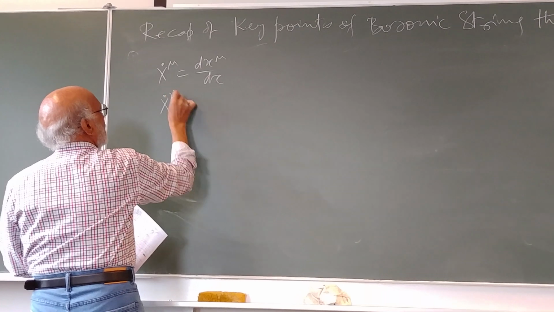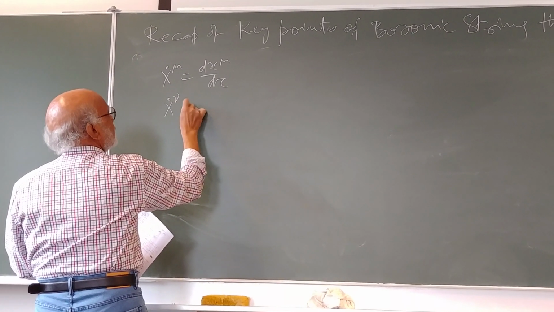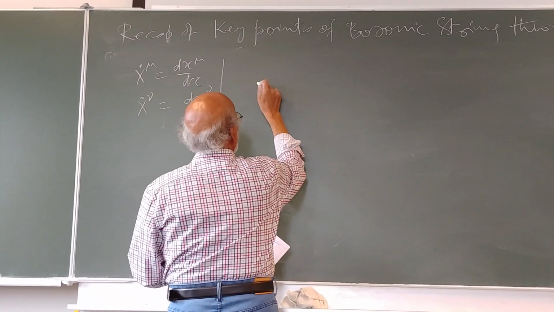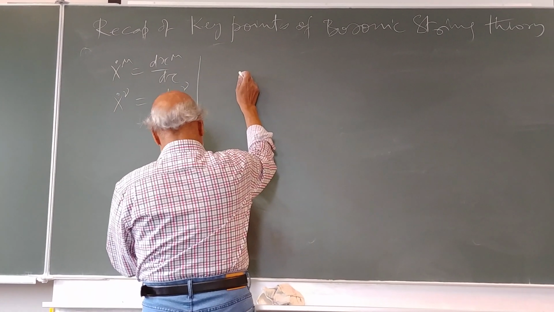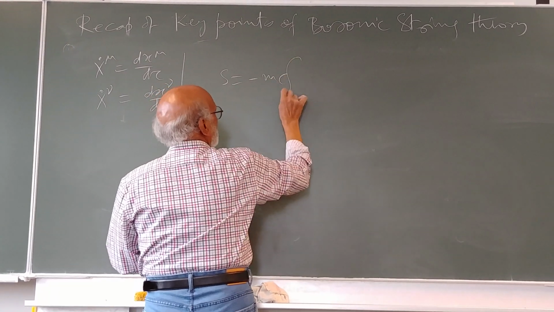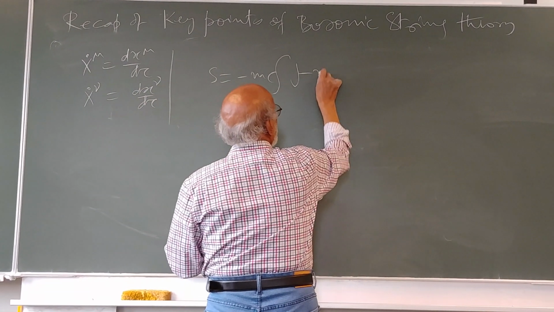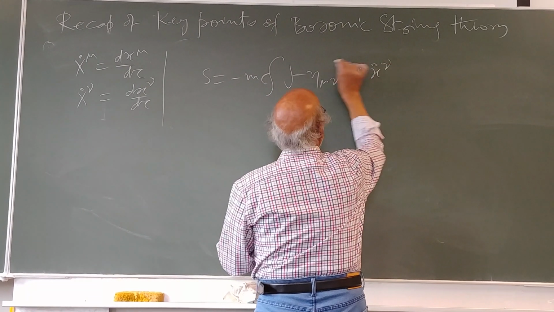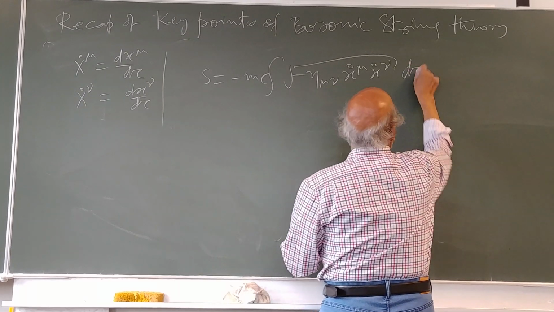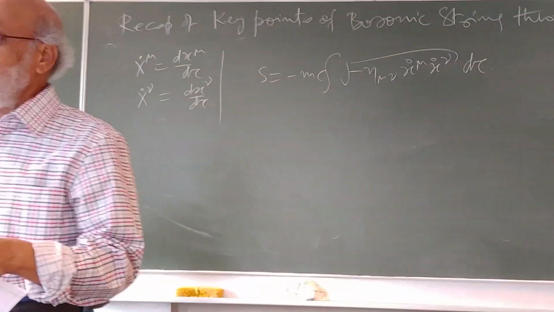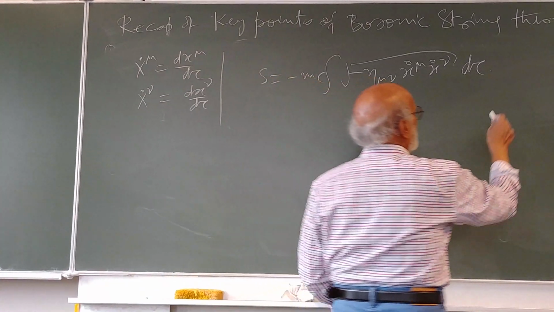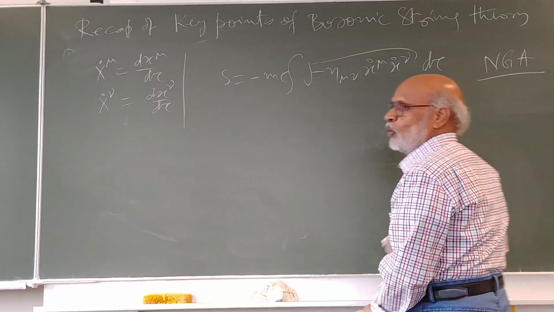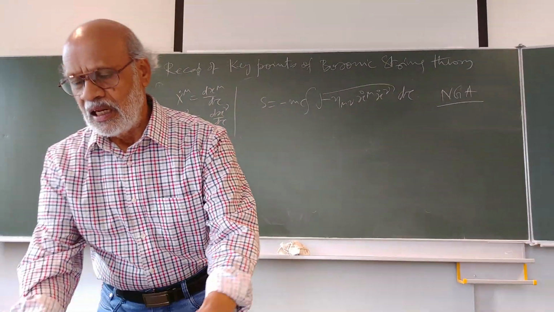Then the action would be minus mc times the integral of the square root of minus eta mu nu x mu dot x nu dot d tau. This in fact is called the Nambu-Goto type of action. This is called the Nambu-Goto action.